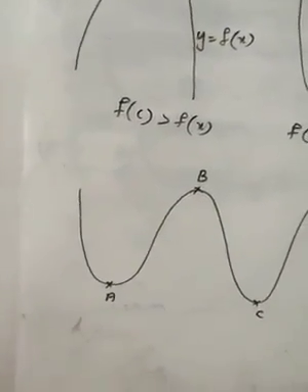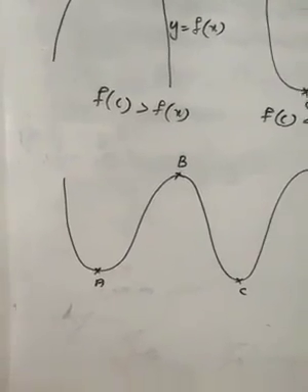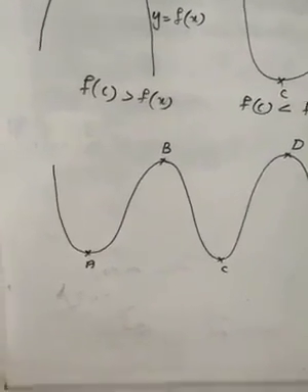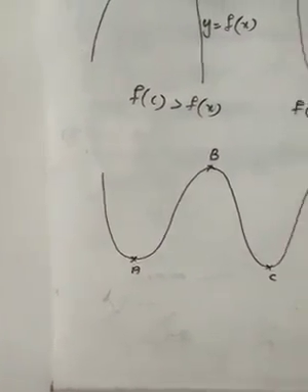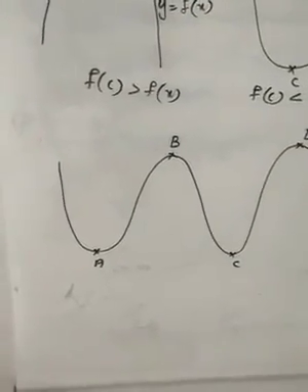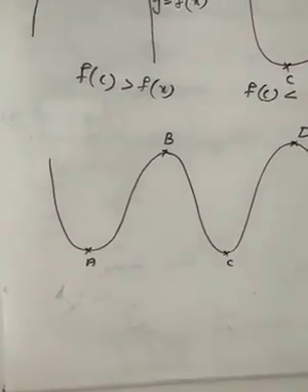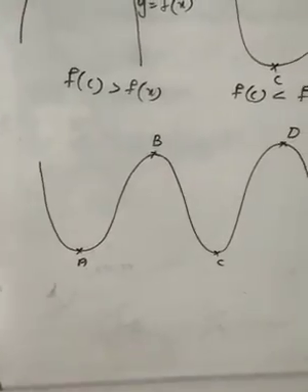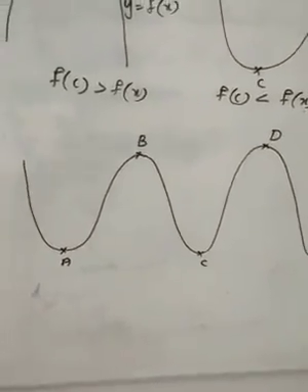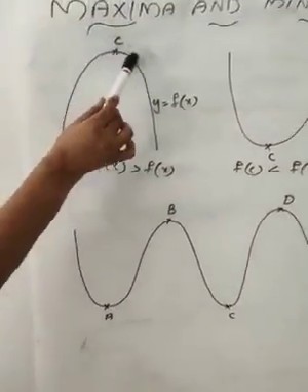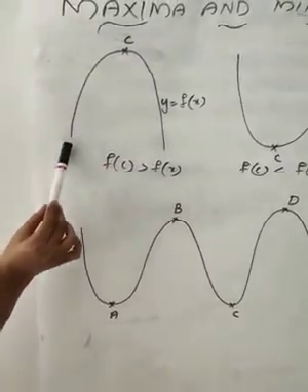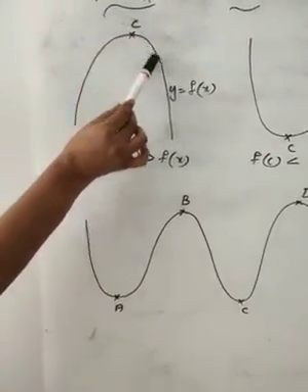For finding the local maxima and minima, we use two derivative tests: the first derivative test and the second derivative test. What is the first derivative test? See the curve y equal to f of x, the maximum curve. Here it is increasing and here decreasing.